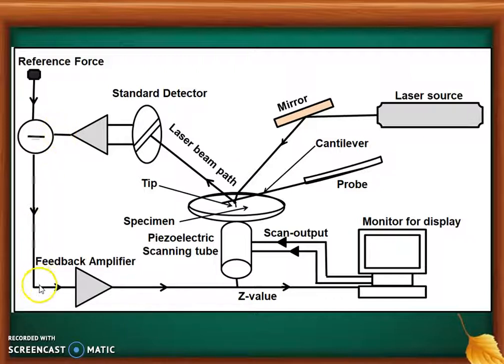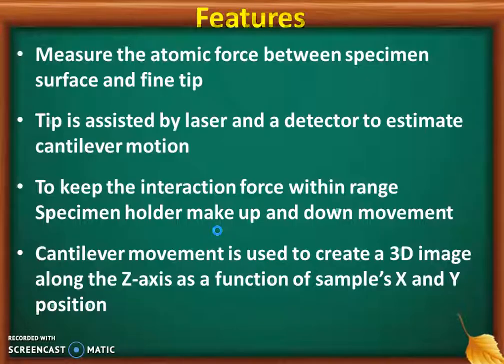Then with the help of a feedback amplifier it goes to the piezoelectric scanning tube, and the movement in the z direction along the x and y axis of the sample is monitored and presented on the computer monitor.